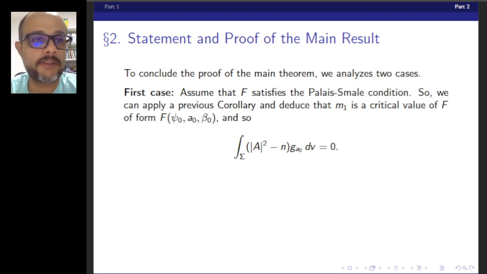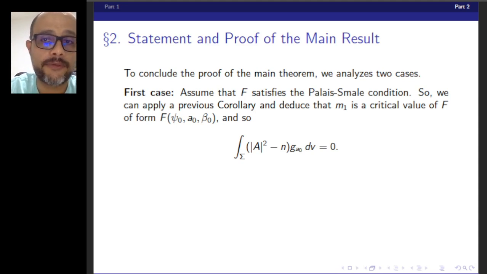So let's provide the proof of the main theorem. We have two cases to analyze. The first case is when F satisfies the Palais-Smale condition. In this situation, you can deduce, as announced earlier, that the integral of this function, norm of A squared minus n times g_{a_0}, is equal to 0 for a critical value of f.